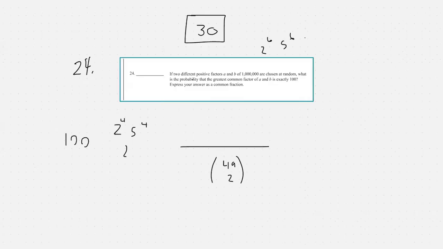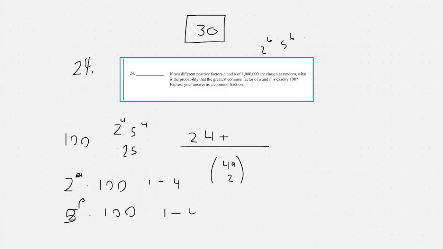And if they're both greater than 100, let's say A is 2 to the alpha times 100, and B is 5 to the beta times 100. Then alpha can be anywhere from 1 through 4, beta can be anywhere from 1 through 4. You get 16 cases.